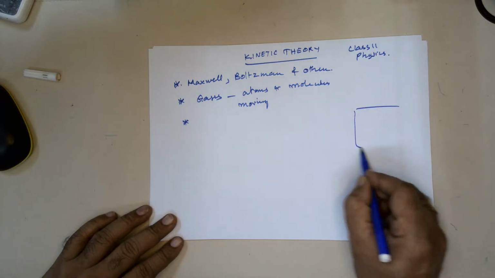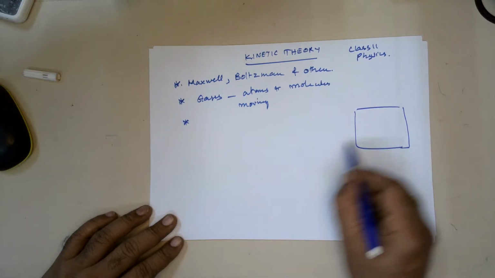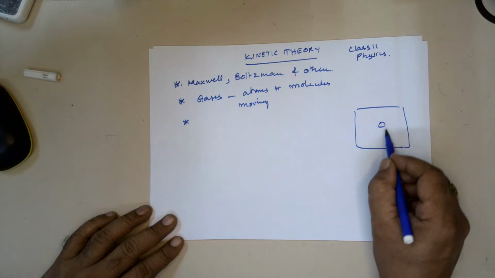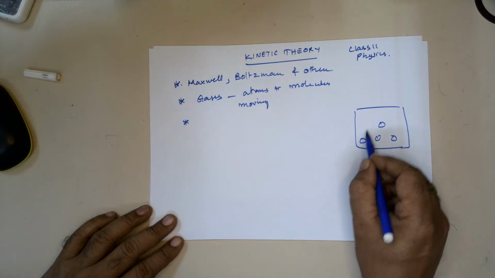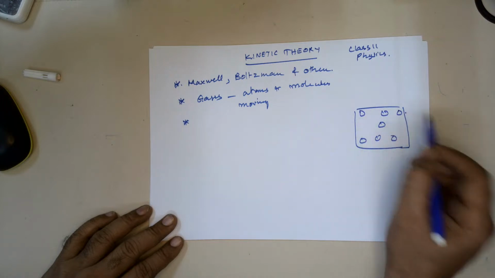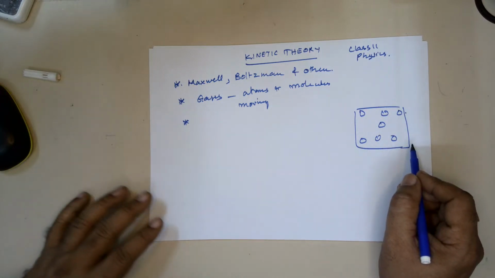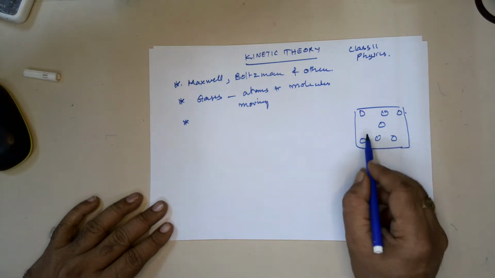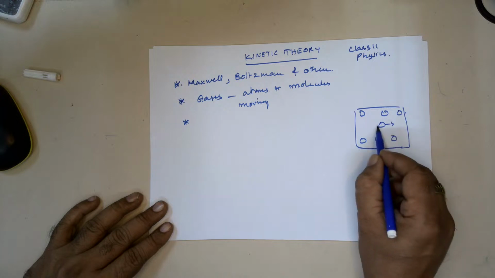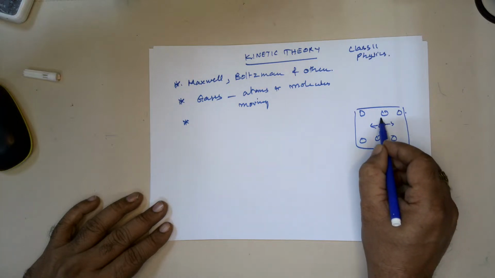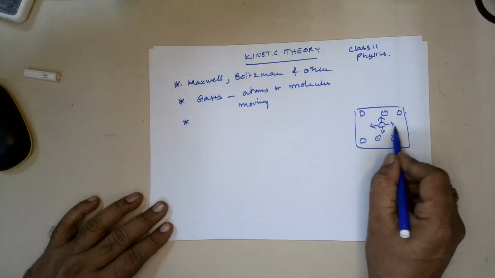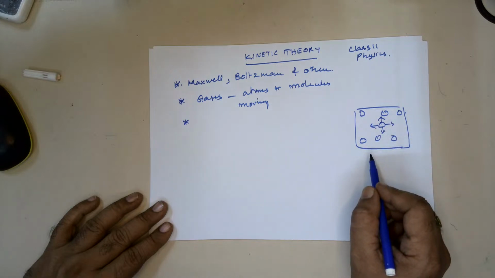Let us consider a container with various gaseous molecules. We know the intermolecular force of attraction is the least in the case of gas. However, let us consider the center molecule, which is pulled equally in all directions.